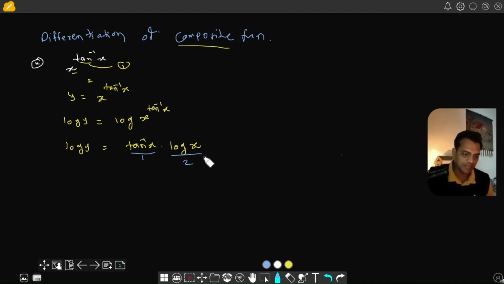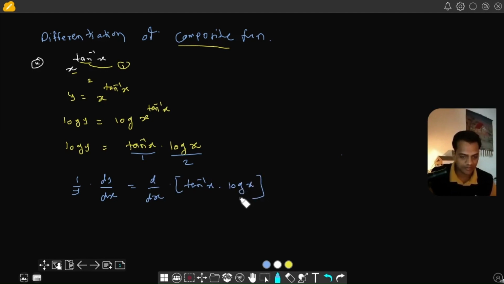Whenever I apply differentiation on both sides with respect to x, log of y, its derivative becomes 1 upon y into dy by dx. If I apply the derivative on the other side, it becomes d by dx of tan inverse of x into log of x.